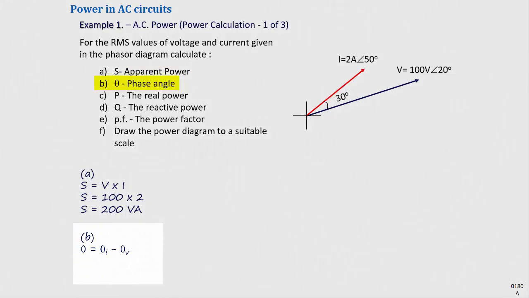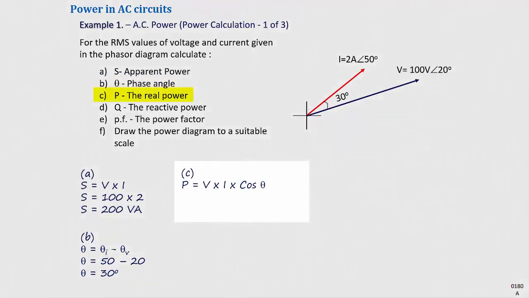Part B is to calculate the phase angle theta. So the phase angle equals the angle of the current minus the angle of the voltage. Substituting values, theta equals 50 minus 20, which equals 30 degrees.